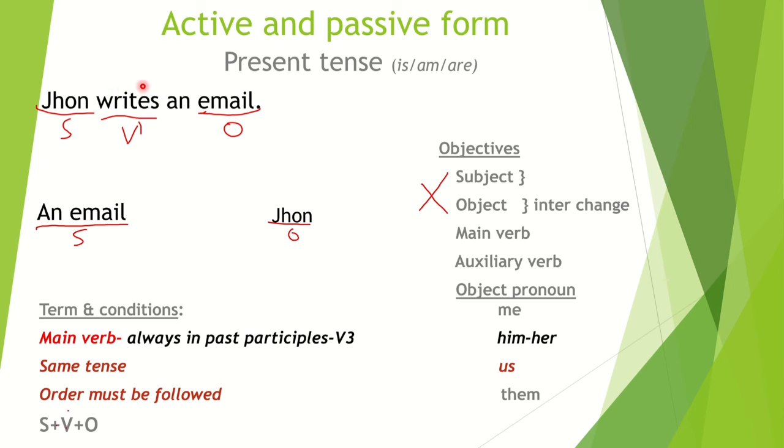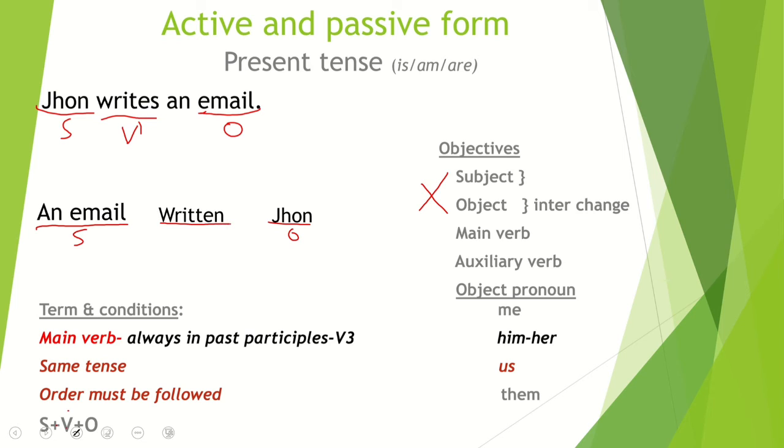So that's why I have written here writes. So this writes, what I have told you earlier, you should change the main verb in the past participle form. That means verb 3. Now change our verb to written. That means write, wrote, written. So this is our verb. Okay, children?